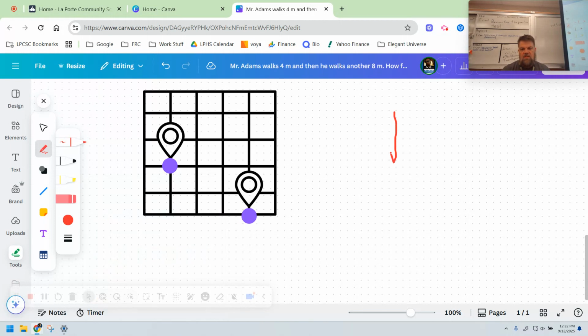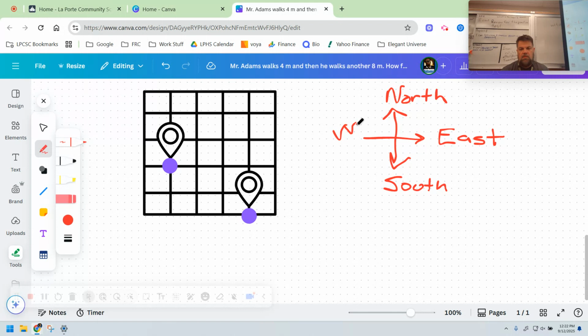So think of this almost like the XY plane, but going up is north, going down is south, going to the east is to the right, and going to the west is to the left.